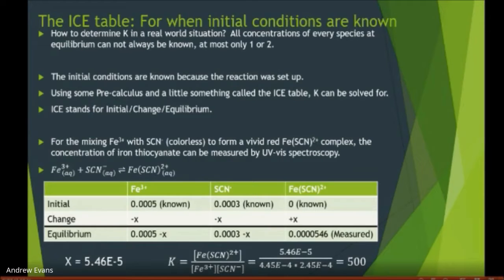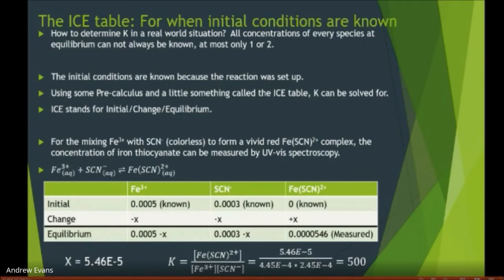If we know the molar absorptivity, we can directly find the concentration. So we're going to start out with 3 facts: our initial concentration of iron, our initial concentration of thiocyanate, and our measured concentration of iron thiocyanate at equilibrium.